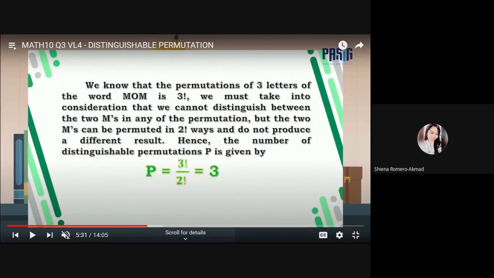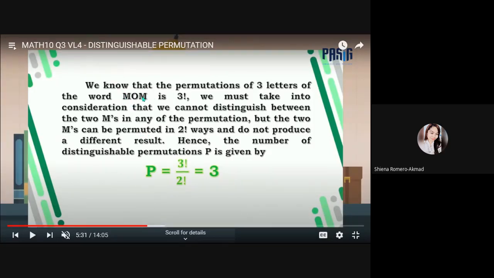Remember that if we solve this problem, we use 3 factorial because there are 3 letters to arrange. That's correct. And if we substitute that to n, it gives you 3 factorial. While remember that there are 2 M's in the word mom.